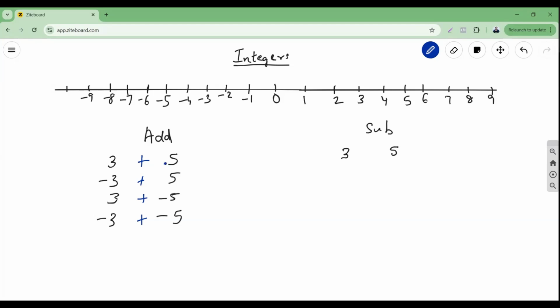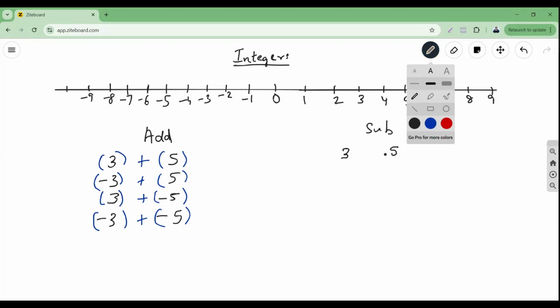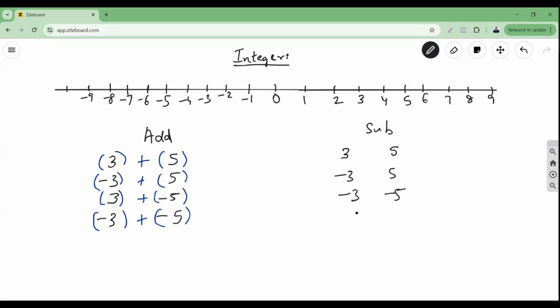So when there is a positive number, we don't generally write any sign. Still, it will be called a positive number. However, I'm going to put these brackets for the sake of understanding it clearly. Okay. So these are the numbers that I've taken for addition. Similarly, I will do this here also: 3 and 5, -3 and 5, 3 and -5, and -3 and -5.